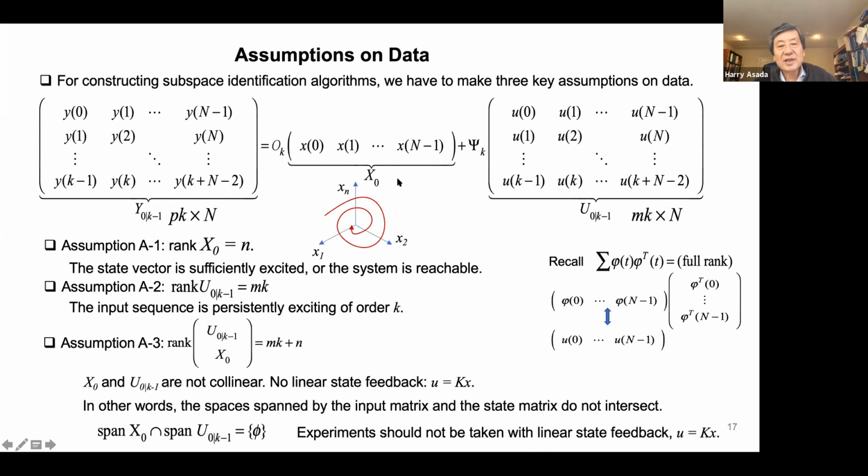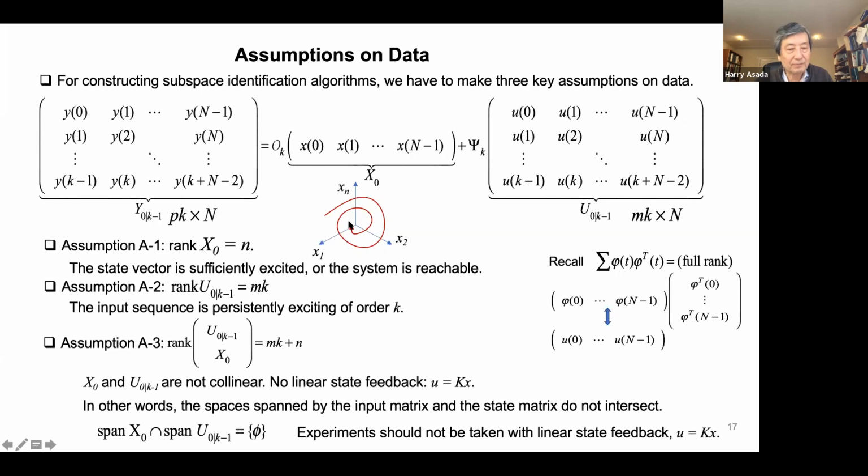What this means is that the system has to travel in every axis, in every direction. And this condition is basically equivalent to the system being reachable, so it can be brought to any point in the n-dimensional space.